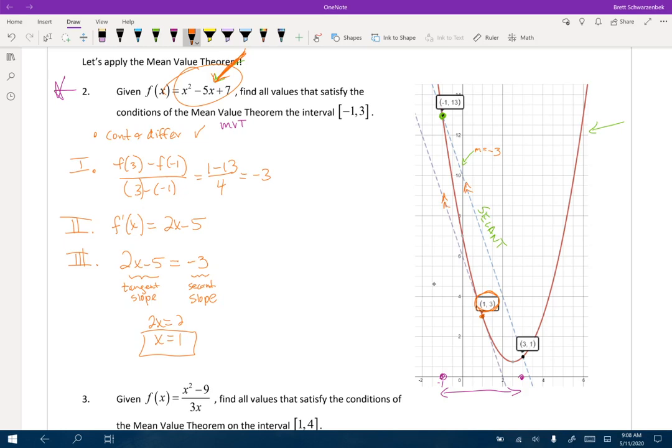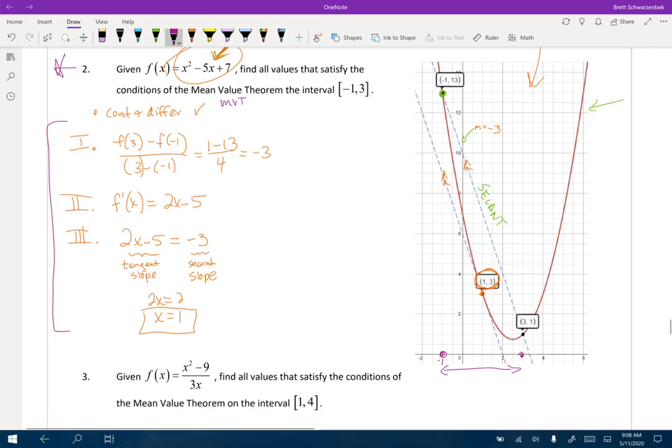So this was the point of it. So again, you're not going to get this picture, but the picture is really helpful for you to understand why you're doing what you're doing, because you're more likely to look at this stuff and not forget it. You're more likely to think, oh, this is the one where I need this slope to be equal to this slope. So now I just got to find them. So as long as you understand what you're doing, it makes it easier when you're doing the problems, obviously.